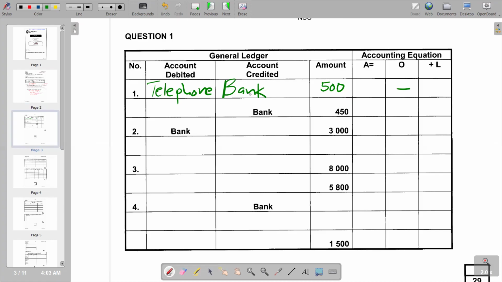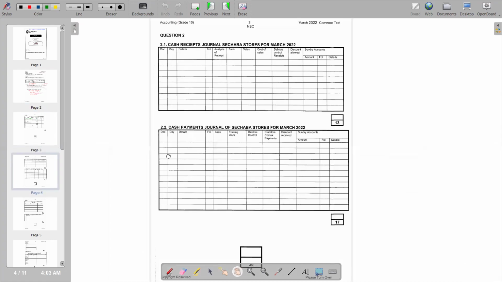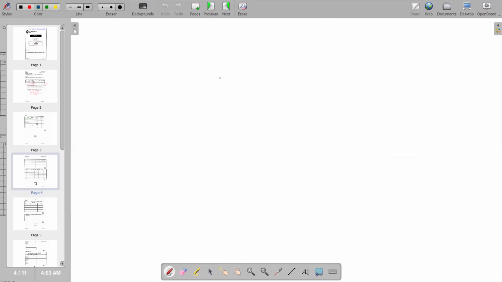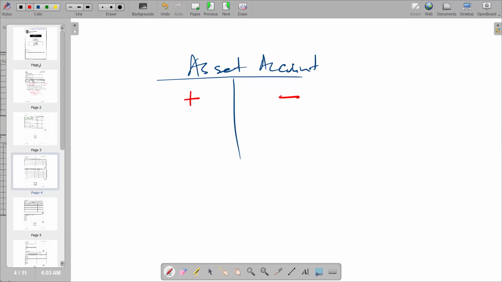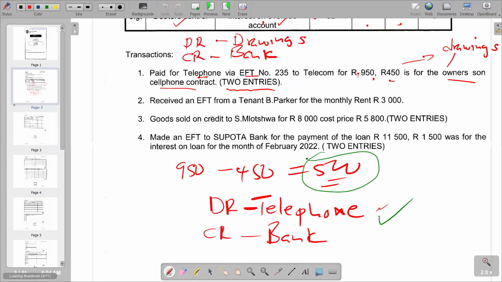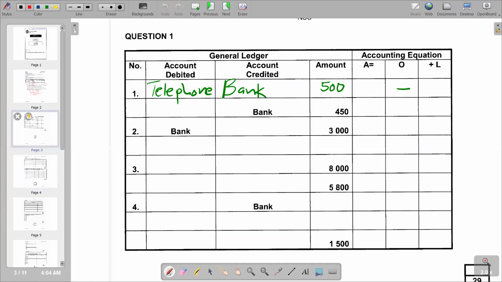By crediting bank, remember this is an asset, and whenever we credit an asset account, which in this instance is the bank account, we are supposed to show it as a negative. Basically, an asset account: bank is an asset account. Whenever you debit, you show a plus, and whenever you credit, you show it as a negative. As simple as that. That's exactly how we present it in our answer section.